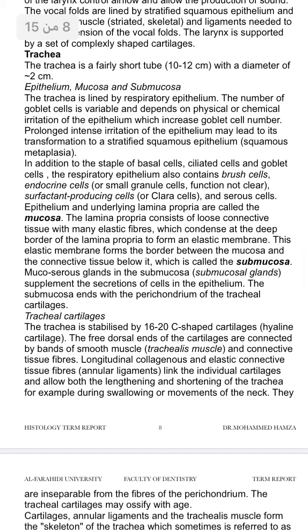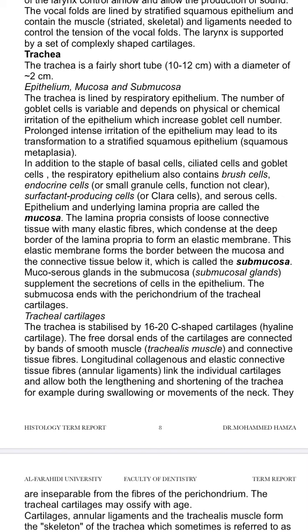The epithelium and the underlying lamina propria are called the mucosa, and the lamina propria consists of loose connective tissue with many elastic fibers, which condense at the deep border of the lamina propria to form the elastic membrane. This elastic membrane forms the border between the mucosa and the connective tissue below it, which is called the submucosa.